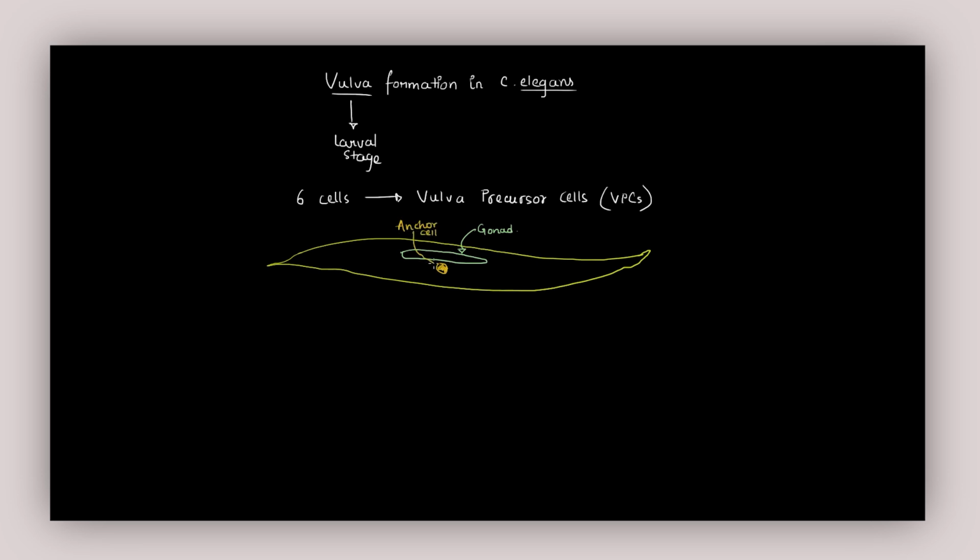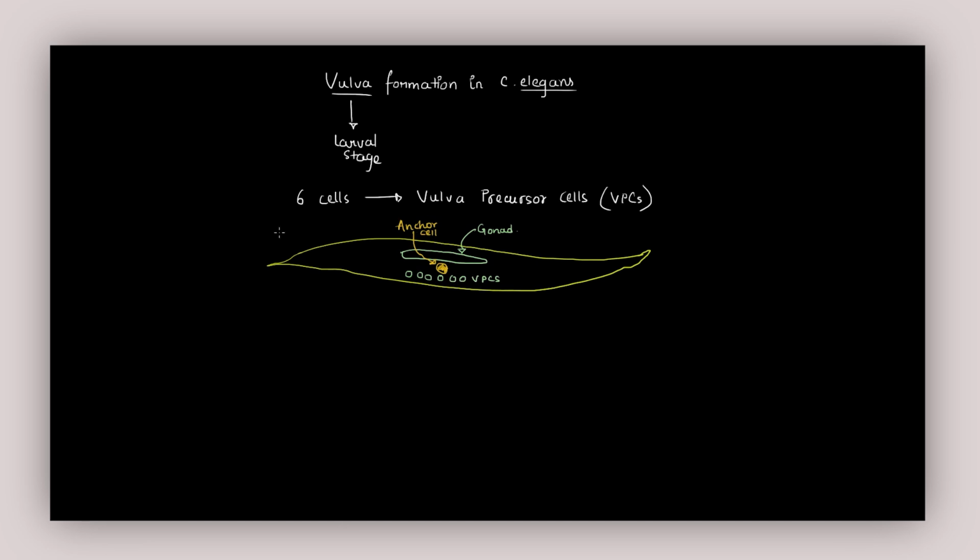So this cell is called the anchor cell, and apart from these two we have the 6 cells which are the VPCs. So these are the 6 VPCs that we already talked about.